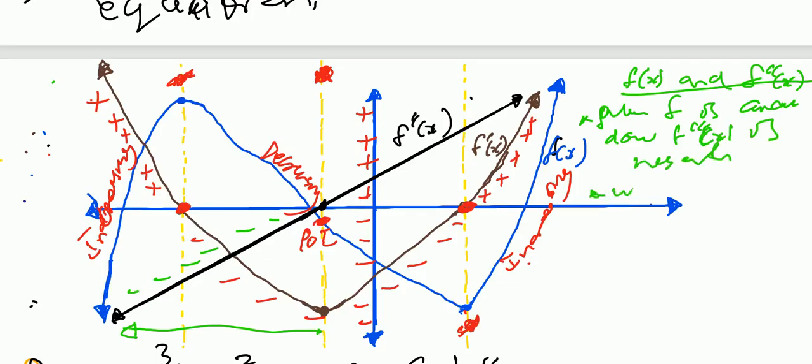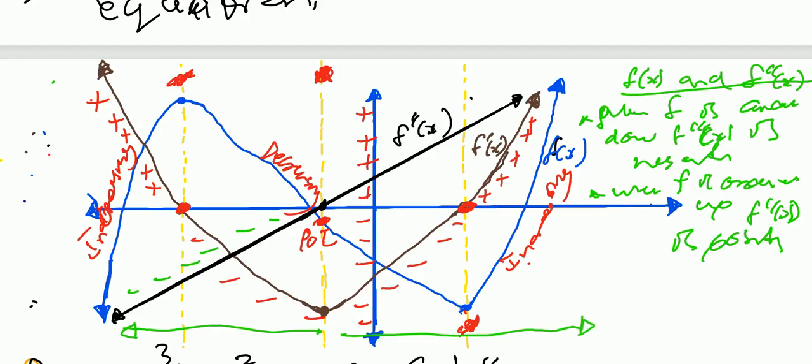That means when f is concave up it is vice versa. Concave up, your f prime prime x is what? Is positive. Let's check. From here going that side is concave up. That means your f prime prime is positive, which is your straight line. That's the relationship between f of x and f prime prime.